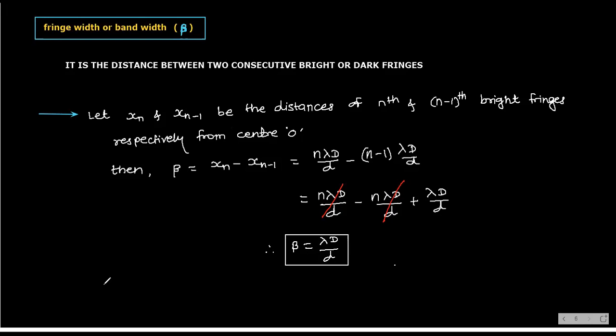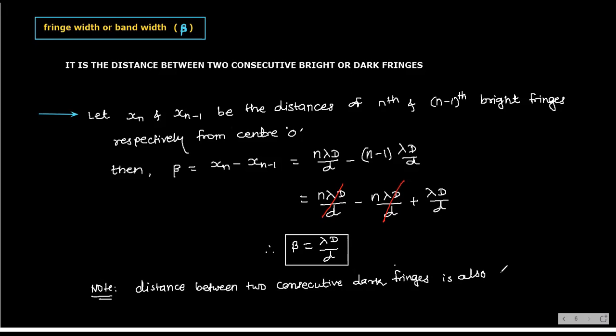That's why I'm writing one note point here. The note point is: the distance between two consecutive dark fringes is also equal to lambda D by d.